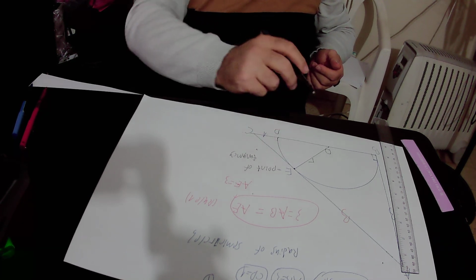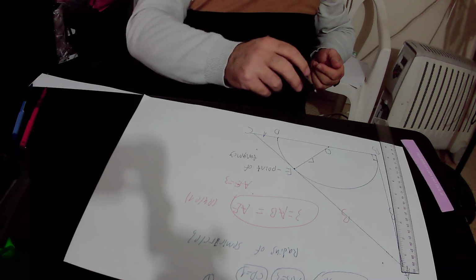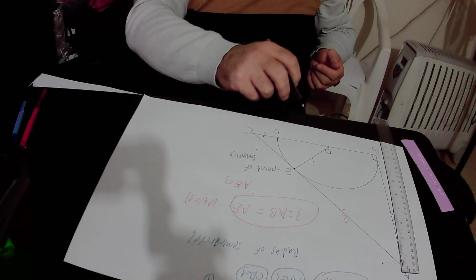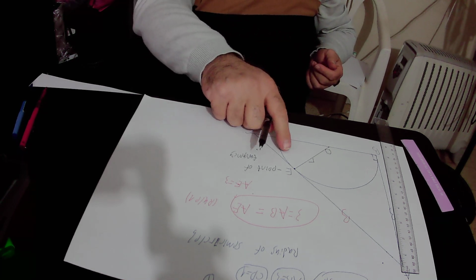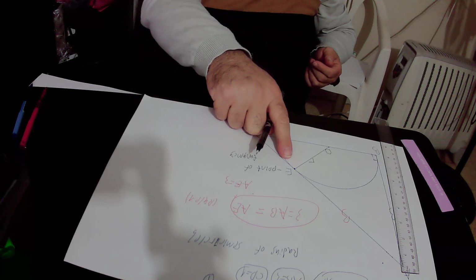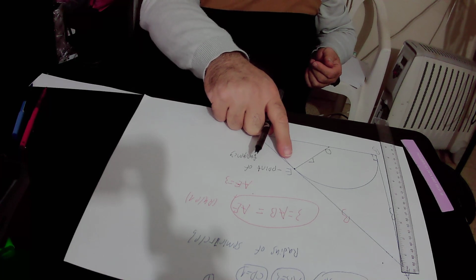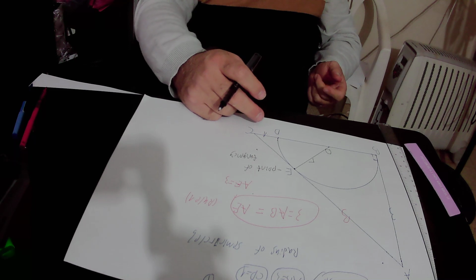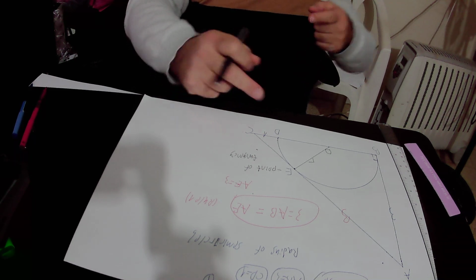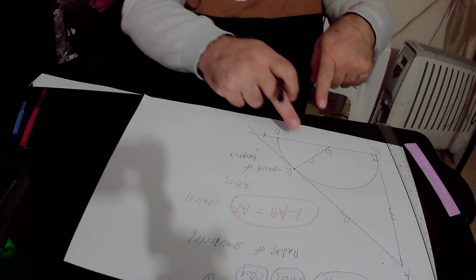So here we have OE is the radius of the semicircle, and this radius is drawn to the point of tangency. That is to say, it is drawn to point E, that is the point of tangency of tangent AC with this semicircle. Therefore, according to rule number 2, the tangent AC will be perpendicular to this radius.